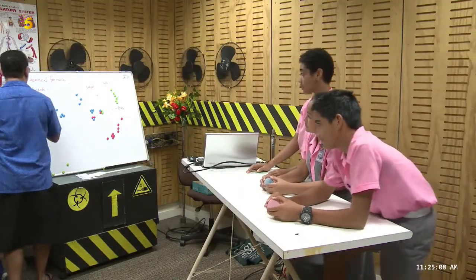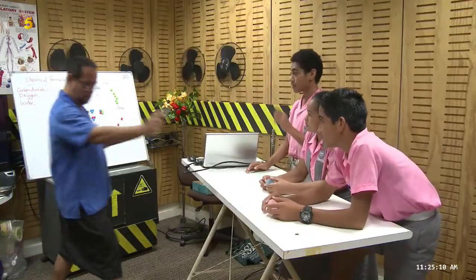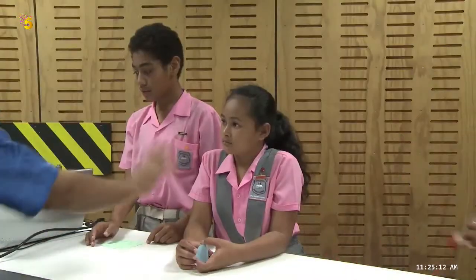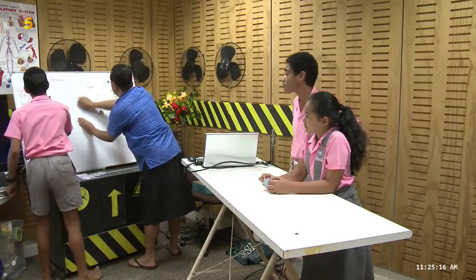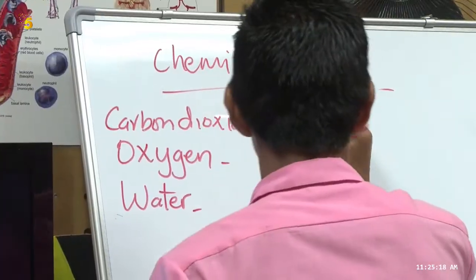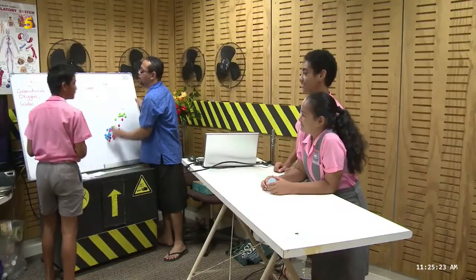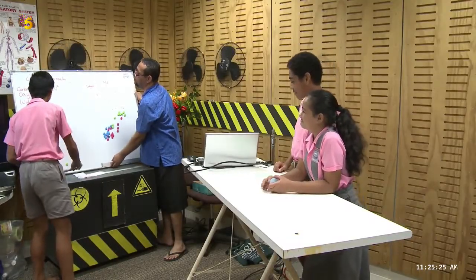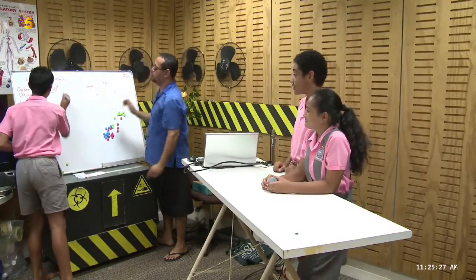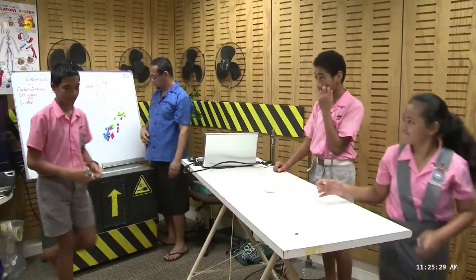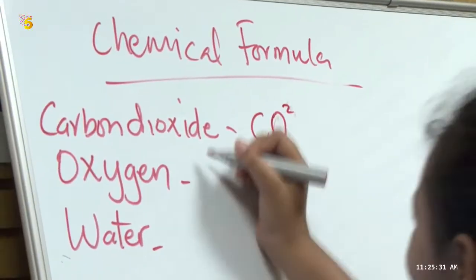So what's the chemical formula of carbon dioxide? You write next to it, and oxygen, and water. Next, the chemical formula for oxygen.